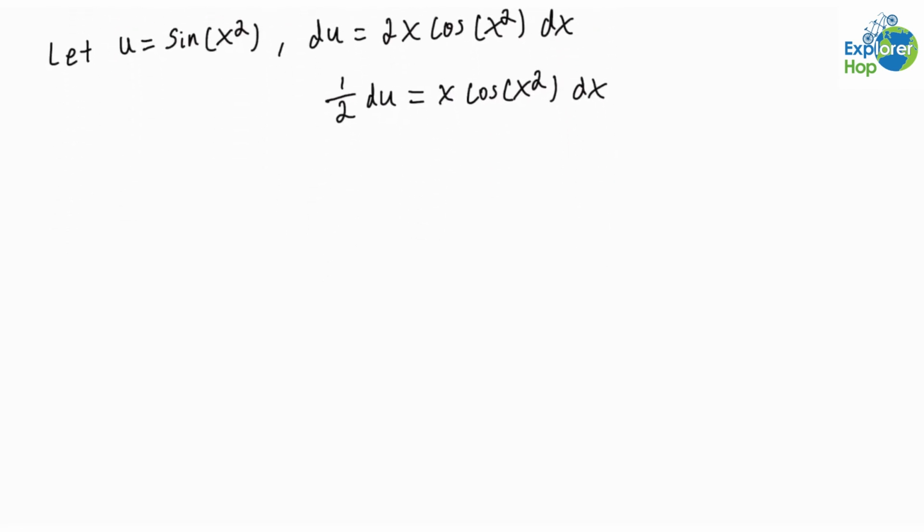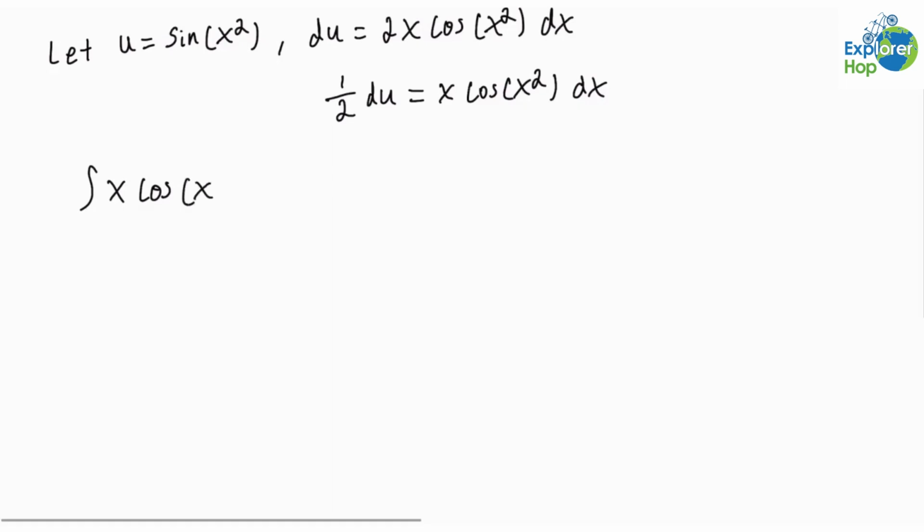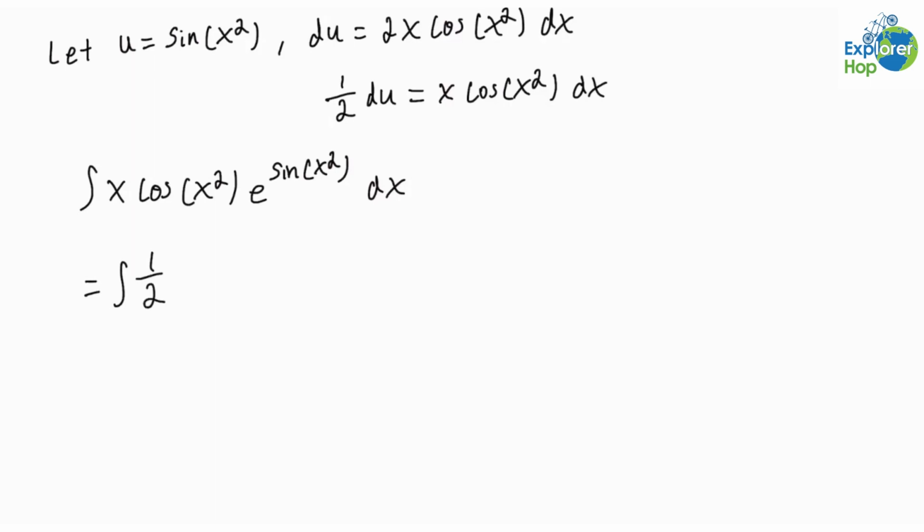And now, subbing in u equals sine of x squared, and 1/2 du equals x times cosine of x squared, we get that the integral of x times cosine of x squared times e to the sine x squared dx is equal to the integral of 1/2 times e to the u du.